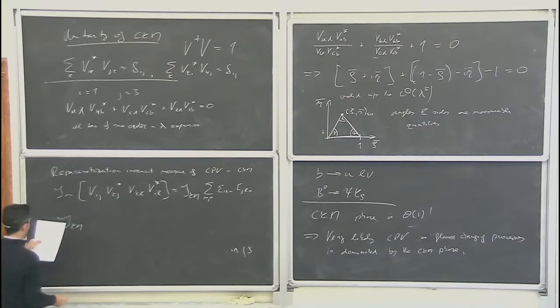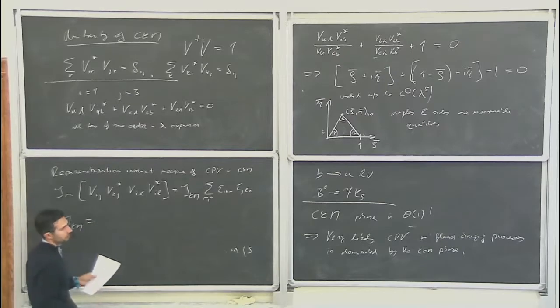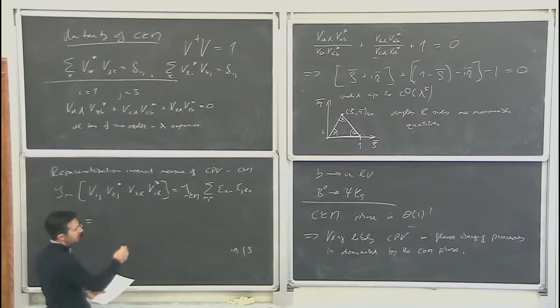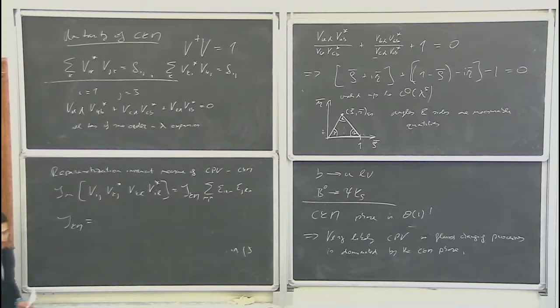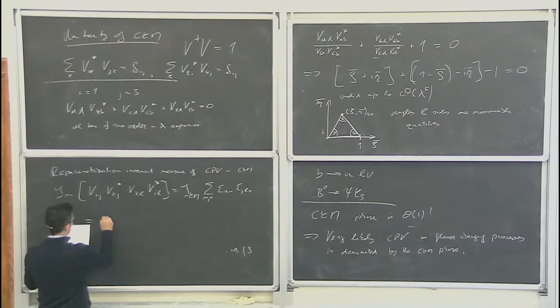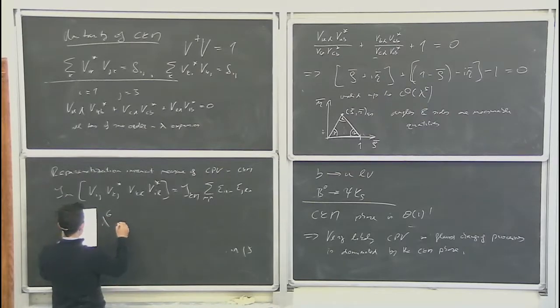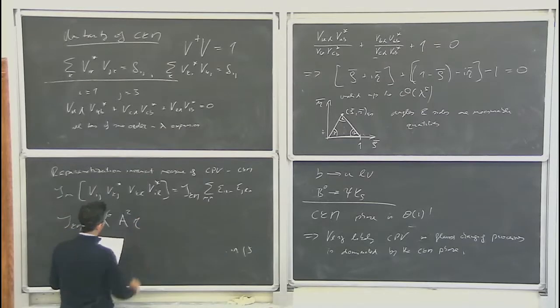And we can write it down explicitly. So we can choose any of these, and express it, for example, in terms of the Wolfenstein parameterization. And in this parameterization, this will be equal to lambda to the 6 A squared eta. Okay?